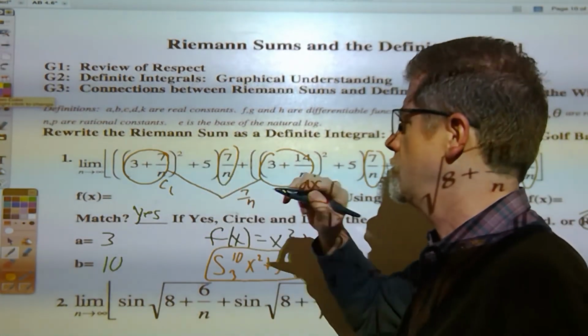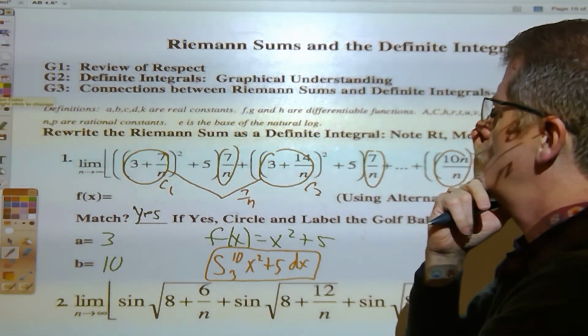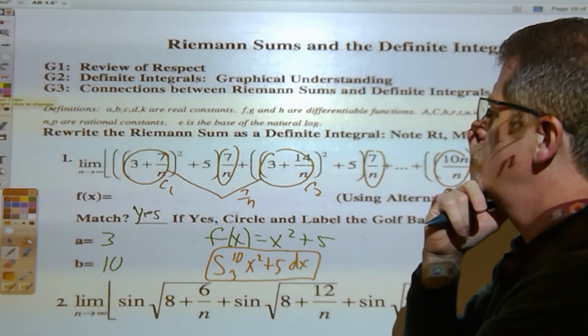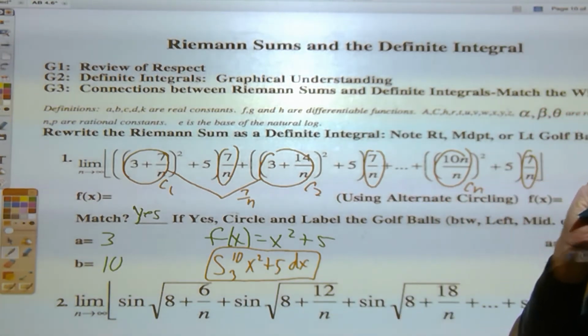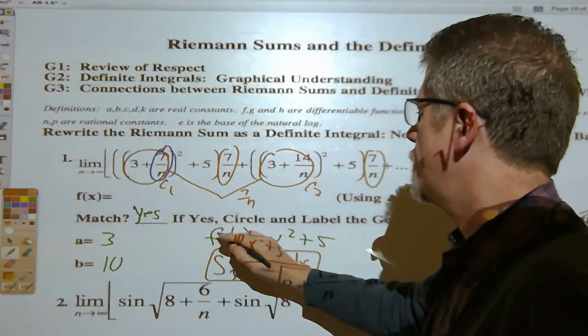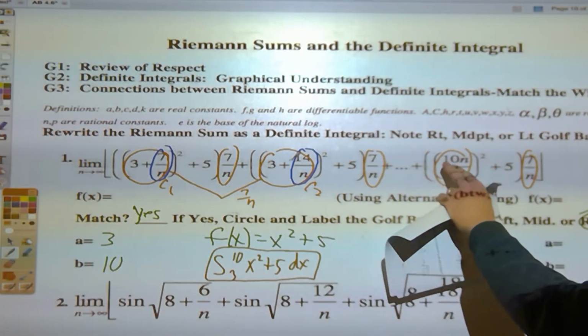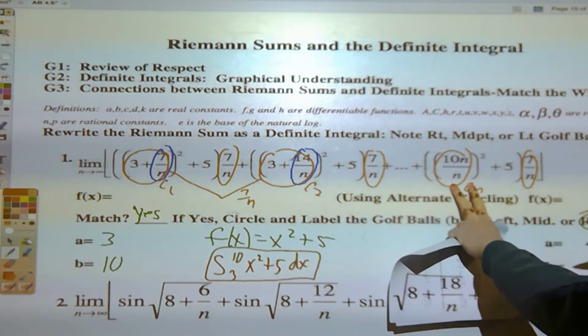If you're going to do an alternate circling, it would be 3 plus a golf ball, 3 plus a golf ball. So the fact that this last one is not in the form 3 plus a golf ball just shows that this circling method is harder.